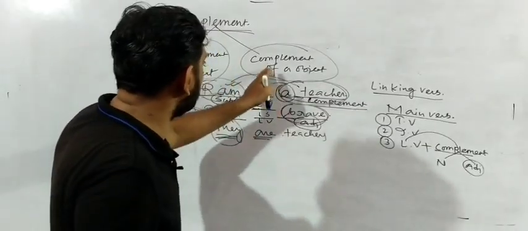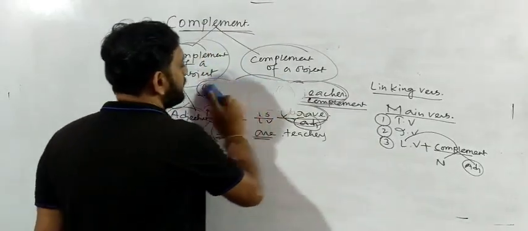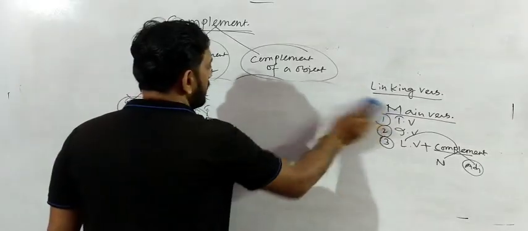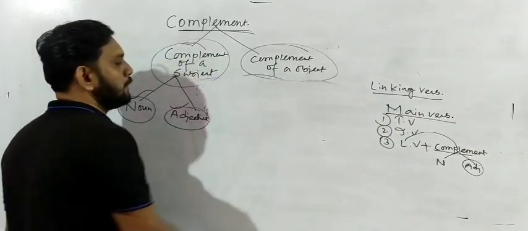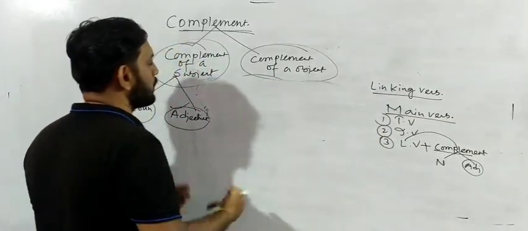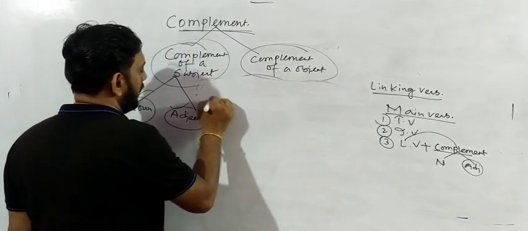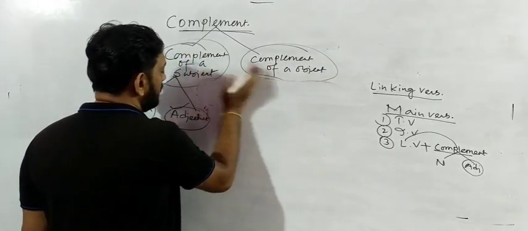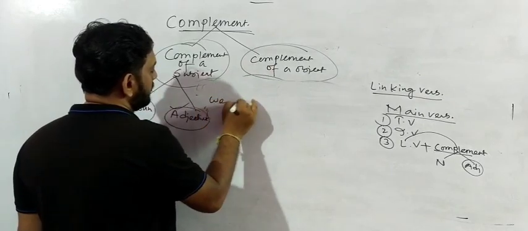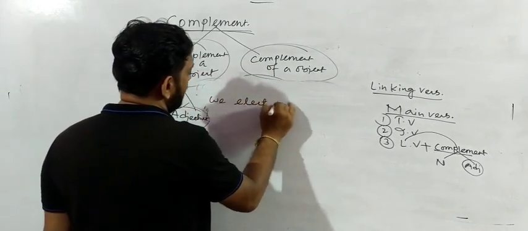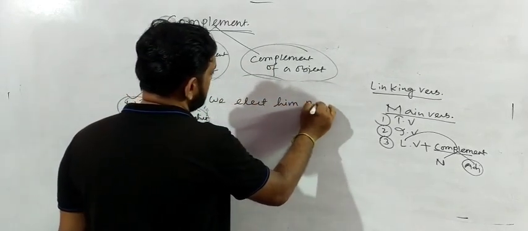And the second example I have written is object complement. So all of you should write it down in your copy. What is object complement? Suppose I write: we elect him president.